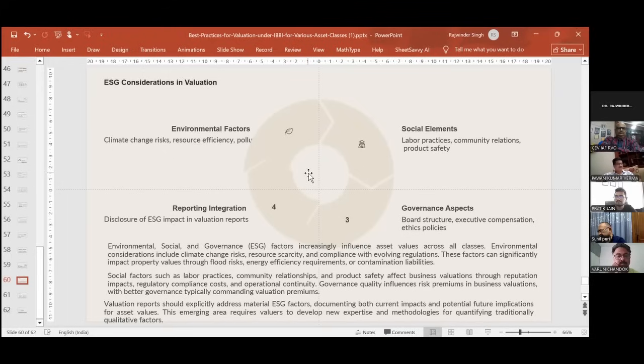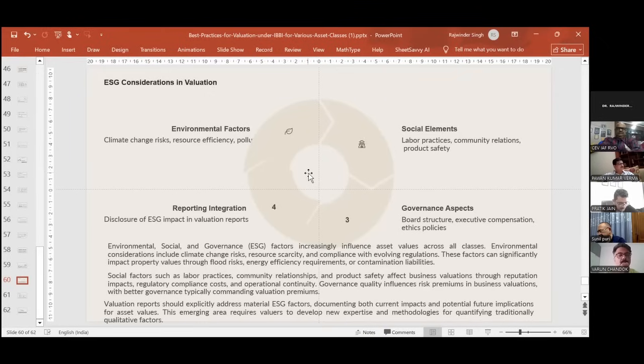ESG means environmental, social, governance. So you may become an ESG valuer. This is specifically important for SFA class valuers, who can become ESG valuers by attending certain trainings and getting certifications.